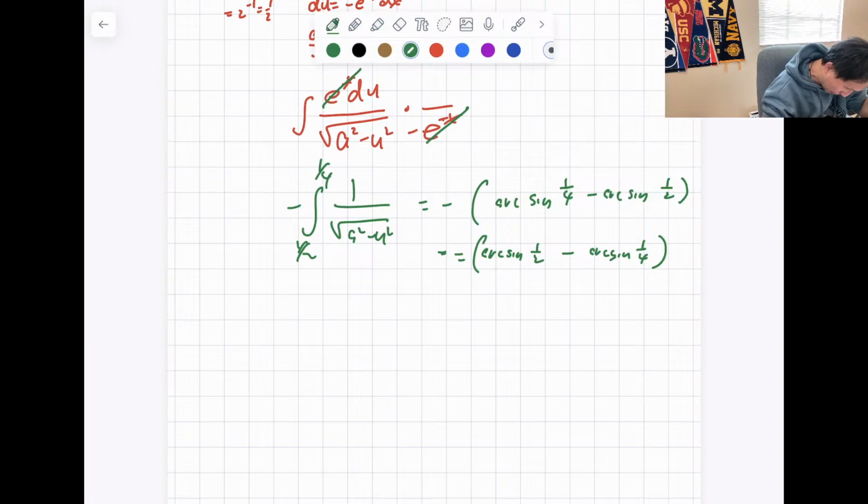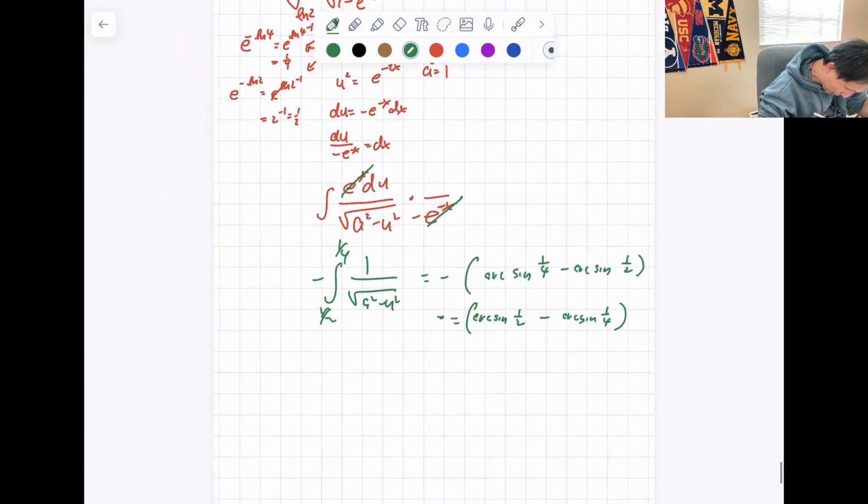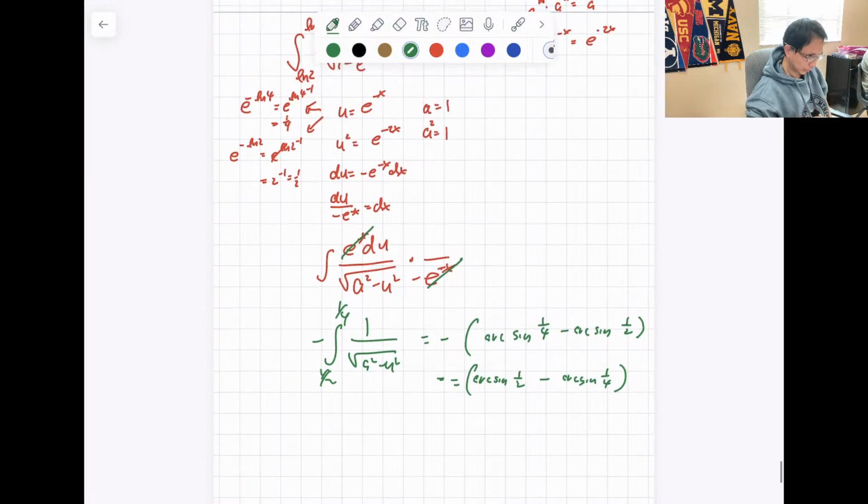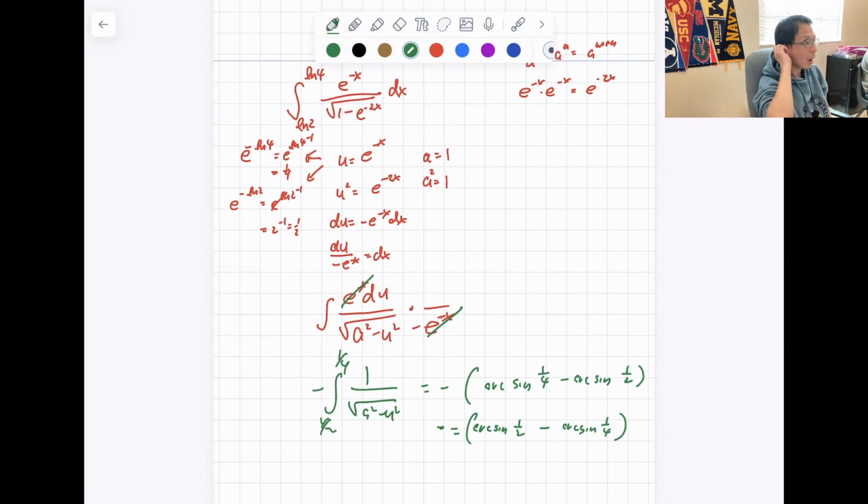Wait, hold on a second. Yeah, 1/4. Yeah, that doesn't matter because I just follow the fundamental theorem of calculus, which is f of b minus f of a. Yeah. U over A, but in this case A is 1, it doesn't matter.